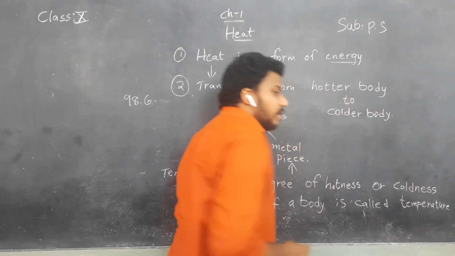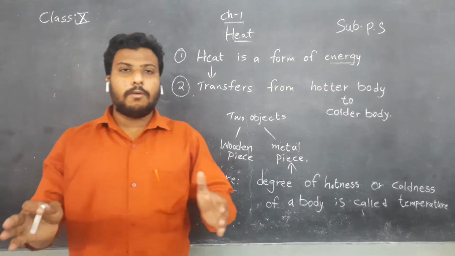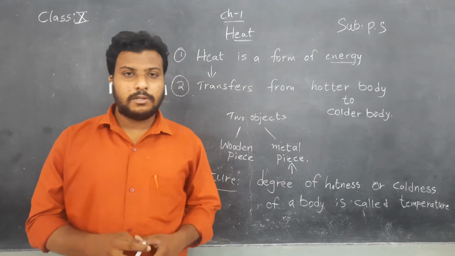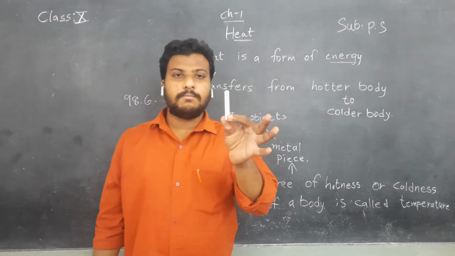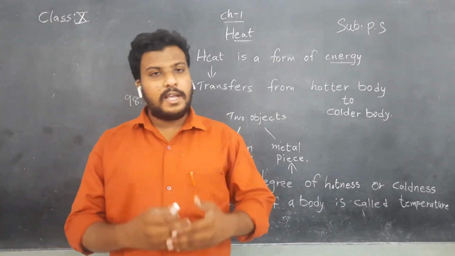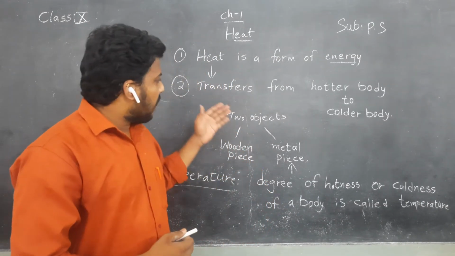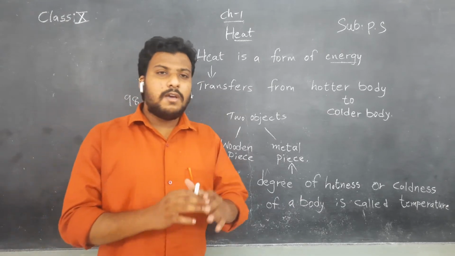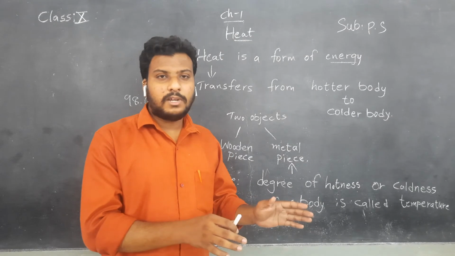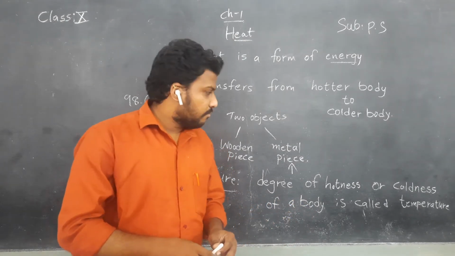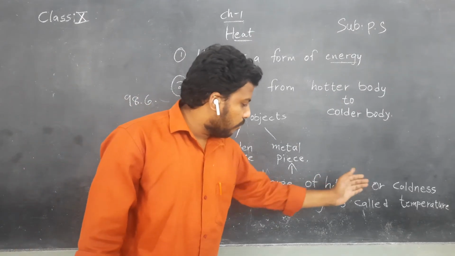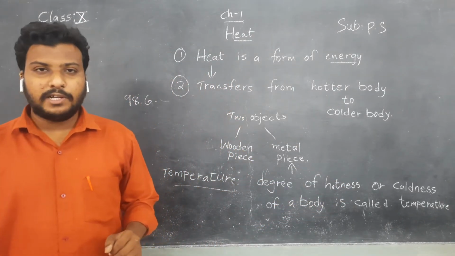See, children, in our universe, every object exists with a temperature. Even this chalk piece has some temperature, my body has some temperature, your body has some temperature. Actually, this blackboard also has some temperature. Every object in our universe exists with some temperature. Understand, children? So temperature means the degree of hotness or coldness of a body, children.